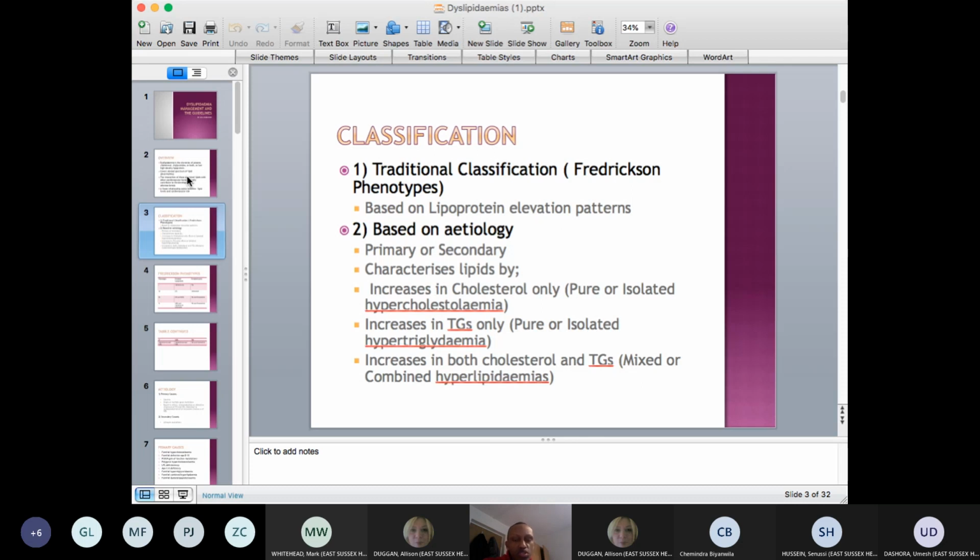The one based on etiology subdivides it into primary or secondary, and it uses the characteristics of the lipids. For example, is it pure or isolated hypercholesteremia, or isolated hypertriglycerides, or is it a bit of both? That is for the newer classification, or the one based on etiology.